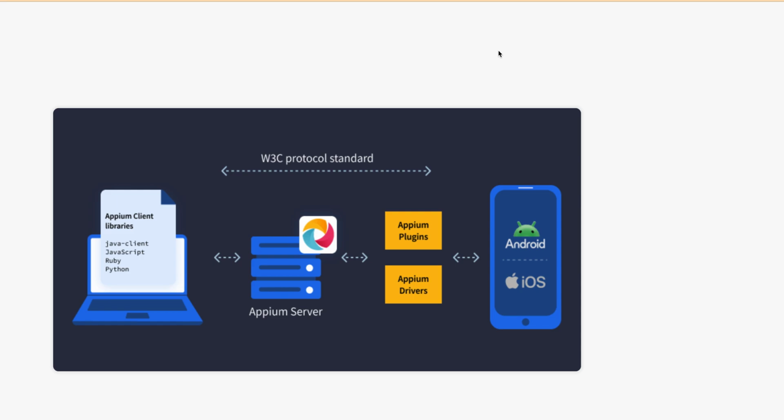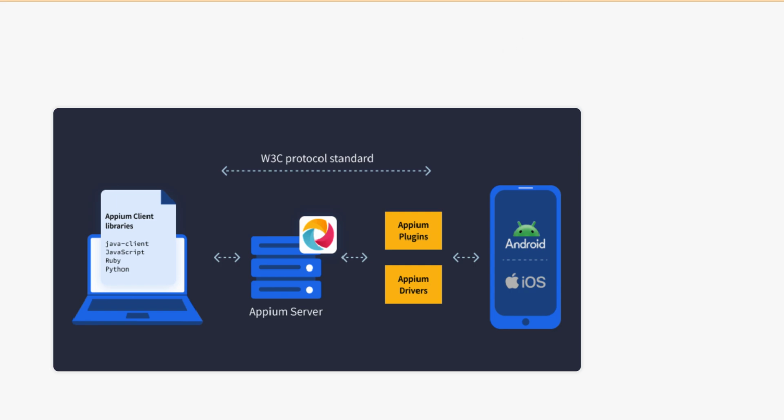Now, if we talk about the Appium session, when the client sends the initiate request to the server, it establishes the session. The client sends a POST request to the server, and these requests contain data in JSON format only.